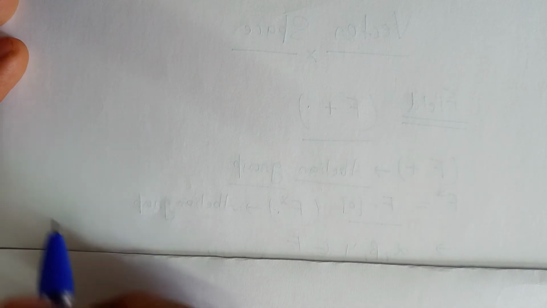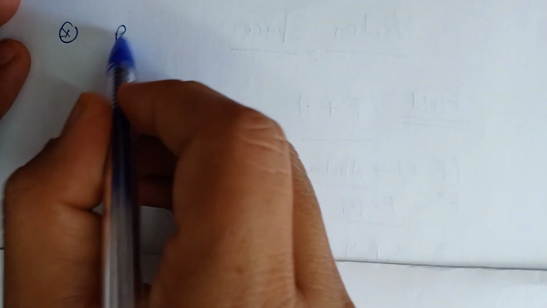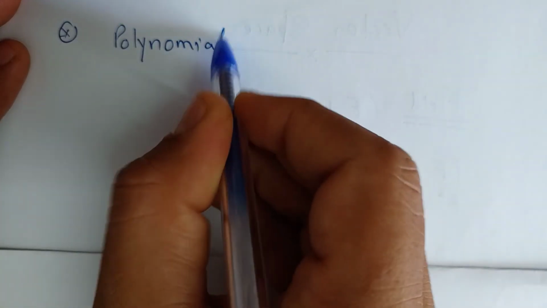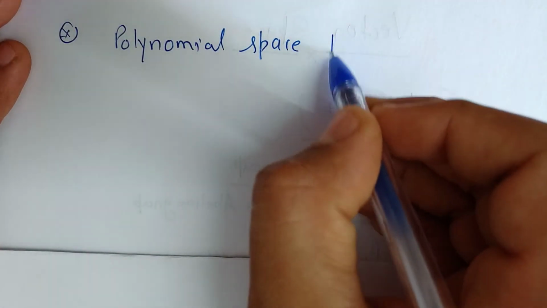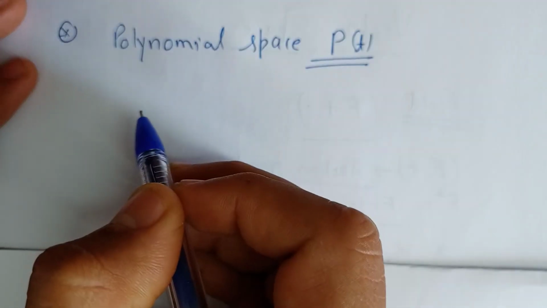Second example of a vector space: we have the polynomial space P(t), the set of all the polynomials.